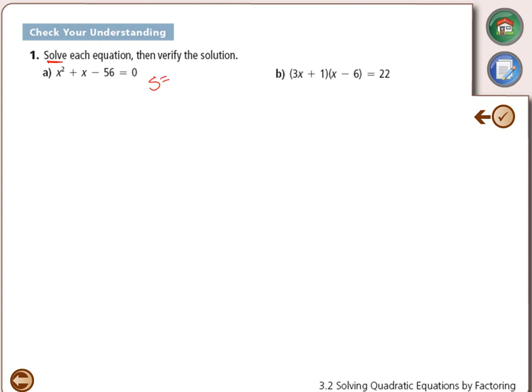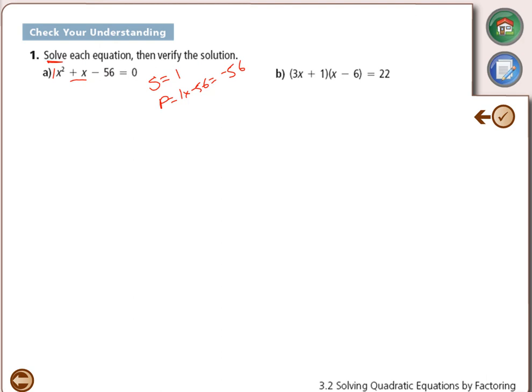So sum, middle term: 1. Product: 1 times negative 56 gives us negative 56. What two numbers multiply together to give us negative 56 and add together to give us 1?